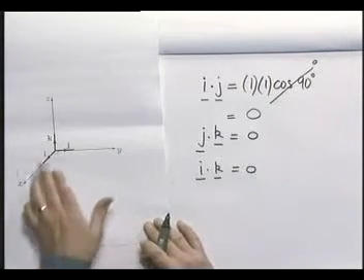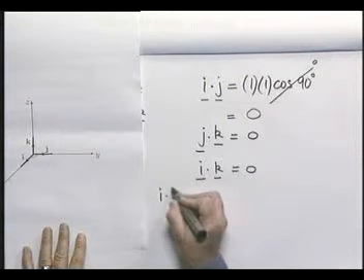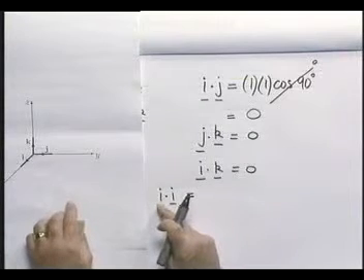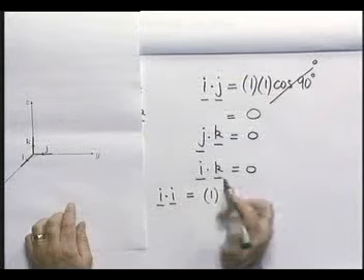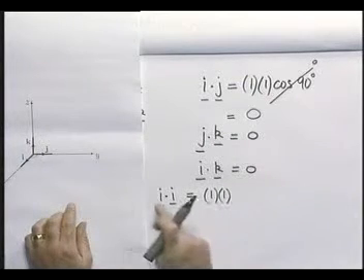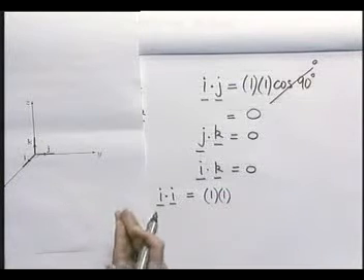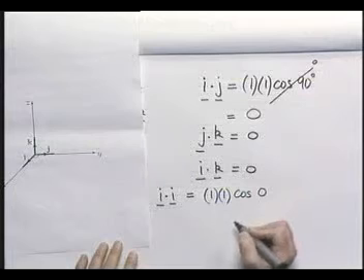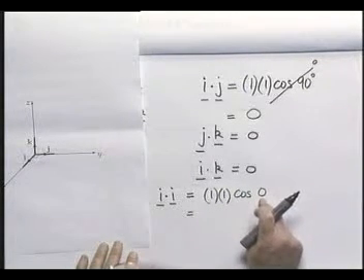What about dotting a vector with itself? Let's just have a look at that. Suppose we wanted i dotted with i. Well, the length of the first vector is 1. The length of the second vector is still 1. And if we're dotting a vector with itself, the angle between the two vectors must be 0. So this time we want the cosine of 0, and the cosine of 0 is 1.